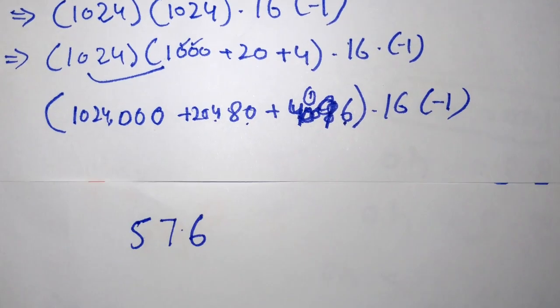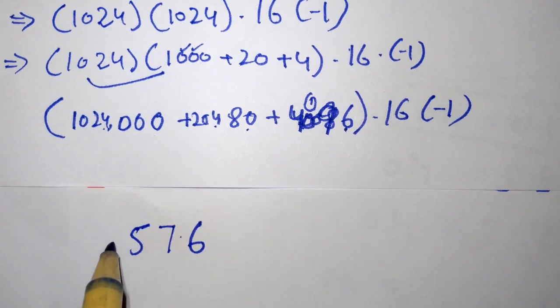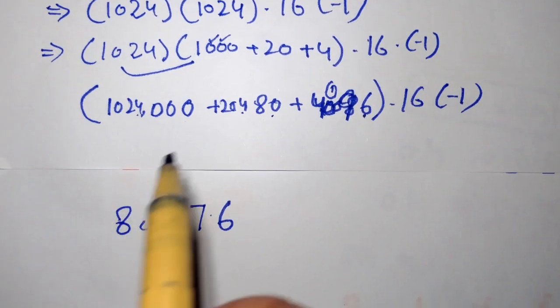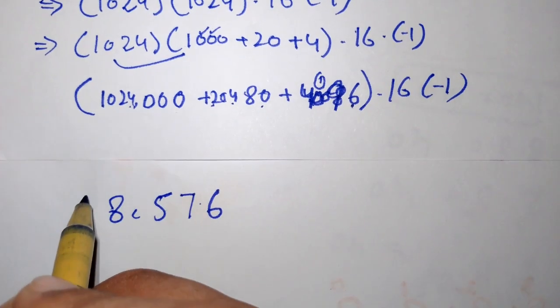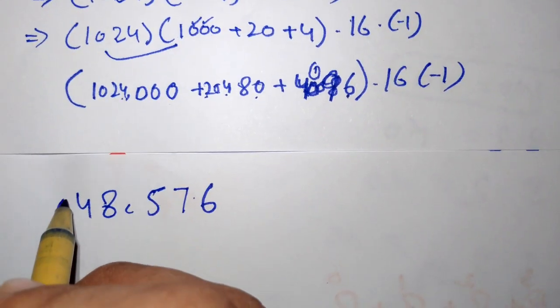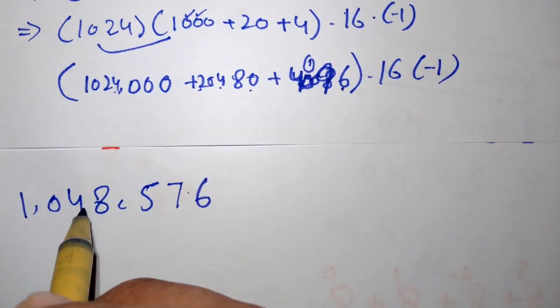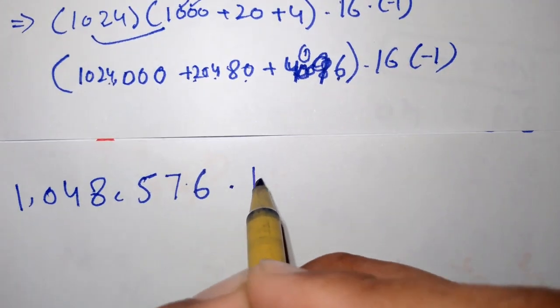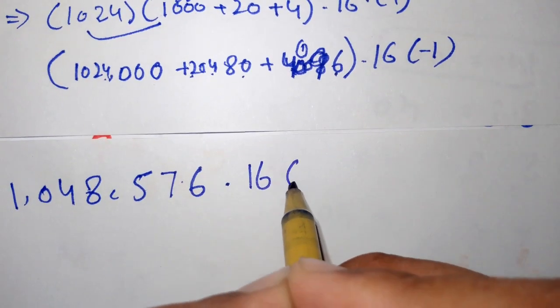And 4 plus 4 is equal to 8. Then 2 plus 2 is equal to 4. And 0, 1. 1,048,576 times 16 times minus 1.